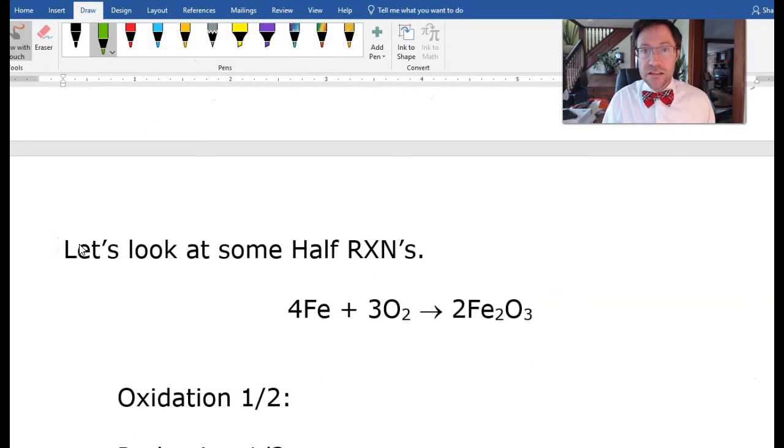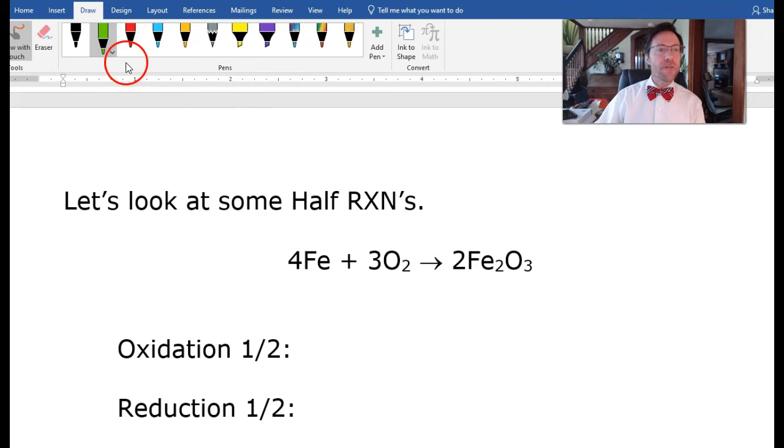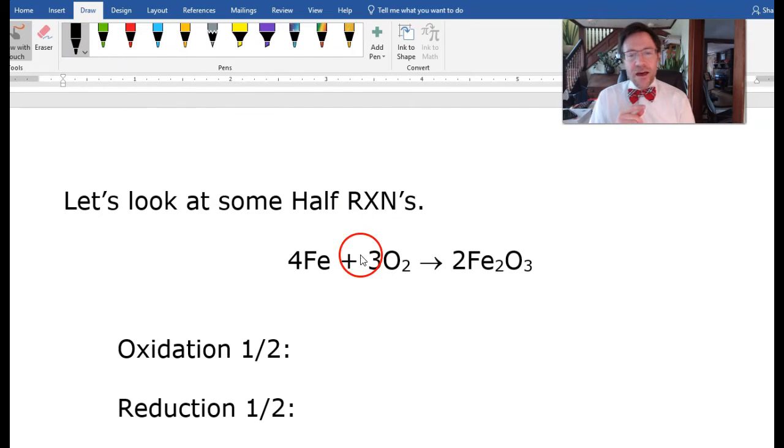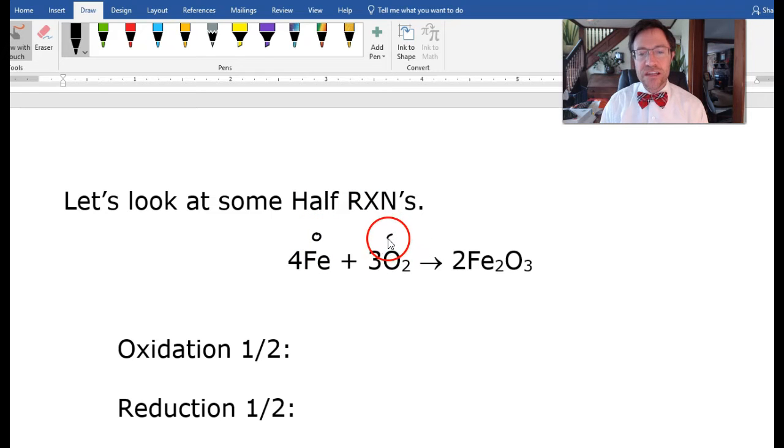So let's dig into some half reactions. You wanna? I knew you would. First things first, I can't do this unless I know the oxidation numbers, which is why I had to do that ridiculously long homework. Iron, this is an element, it is 0. This is oxygen, it is 0 here.